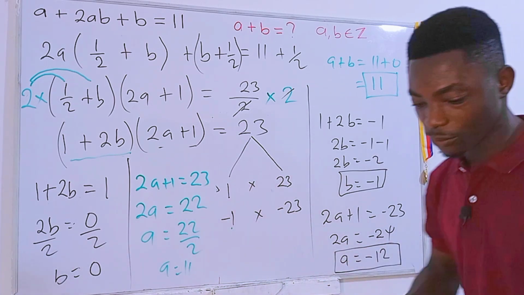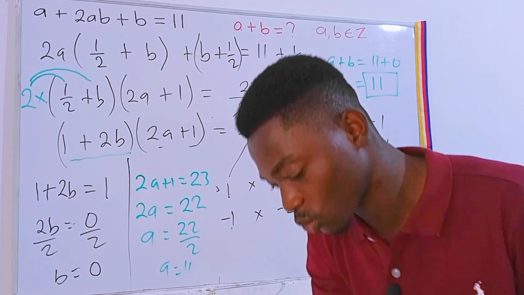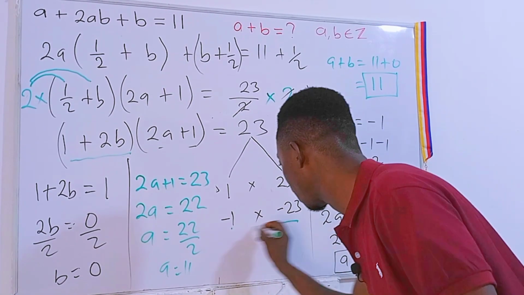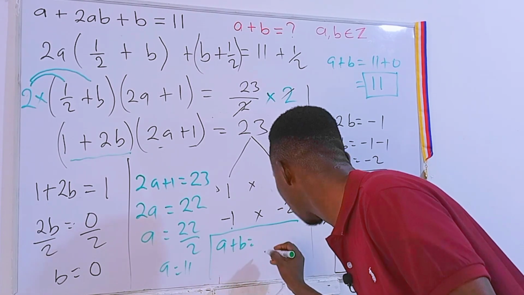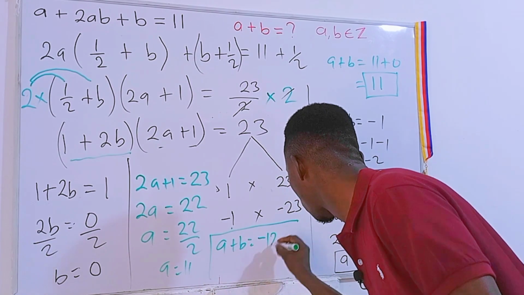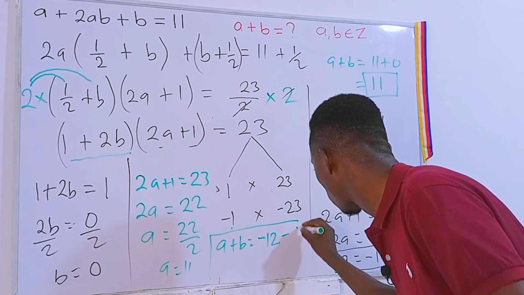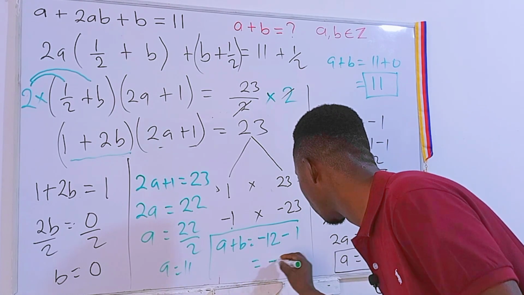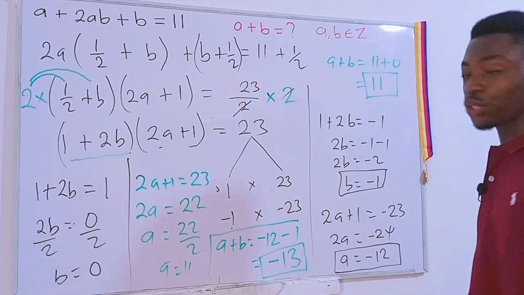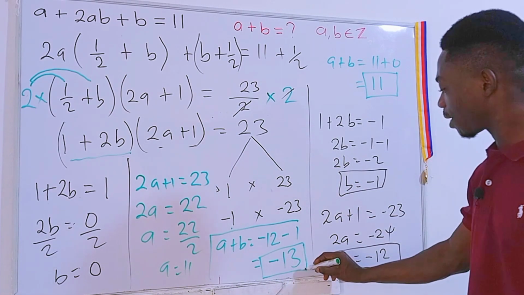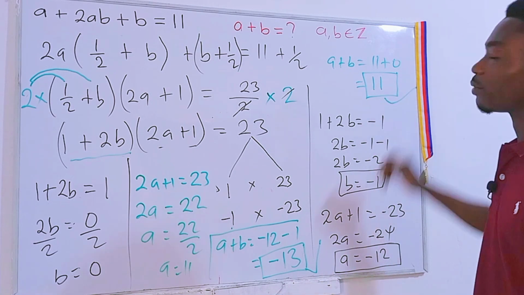And therefore, we can find a plus b as well. Let me write it here like that. a plus b is equal to -12 minus 1, which is equal to -13 as the other solution. Of course, two solutions, -13 and +11.